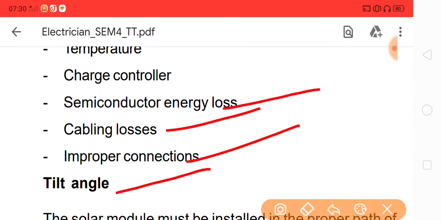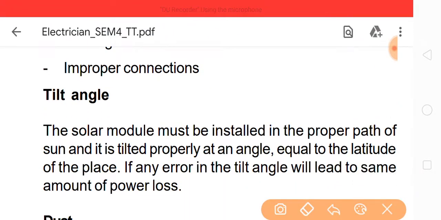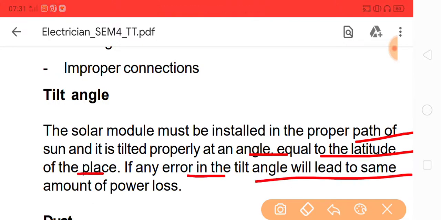Tilt angle: the solar modules must be installed in the proper path of the sun and tilted at an angle equal to the latitude of the place. Any error in the tilt angle will lead to some amount of power loss.